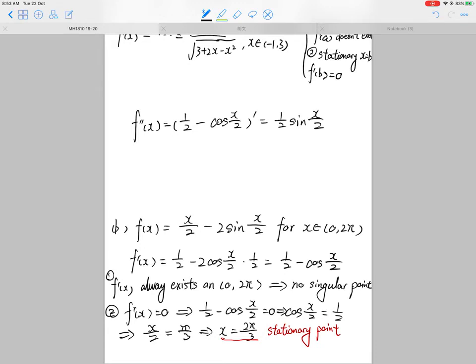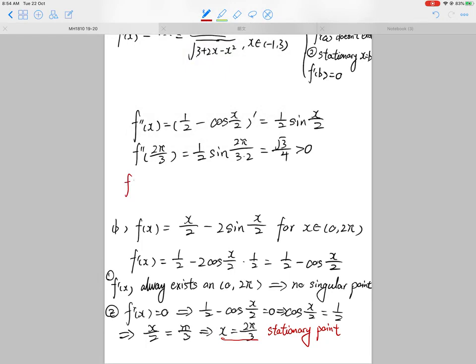Then you can plug it in. What is the second order derivative when x is 2 pi over 3? It's half sine 2 pi over 3 over 2, so sine pi over 3, so it is square root of 3 over 4. It's positive. If the first order derivative is 0 and the second order derivative is positive, then f is a local minimum.